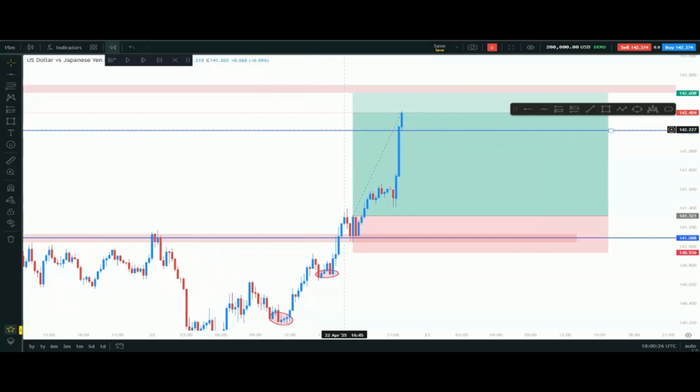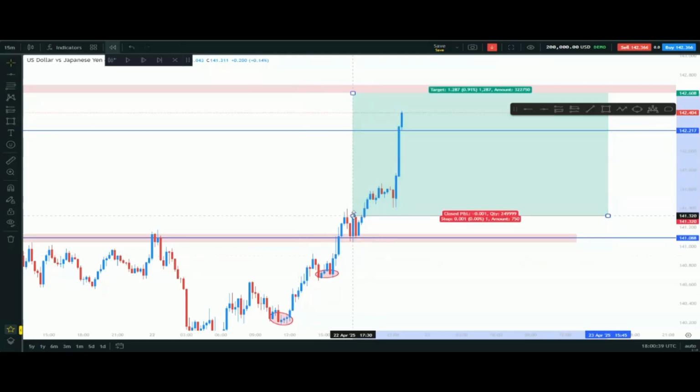So I took out my partials. A big percentage of my profits were closed here, and then I moved my stops to break even. So I moved my stops above here and then put them a little bit above this candle right here, so that when price came back, it wouldn't take me out.